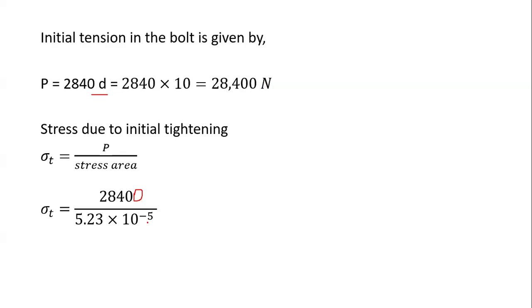So with that, we ended up with 543 by 10 power 6, which is 543 and 6 zeros, and therefore it's 543 megapascals, or simply 543 newtons per square millimeter.